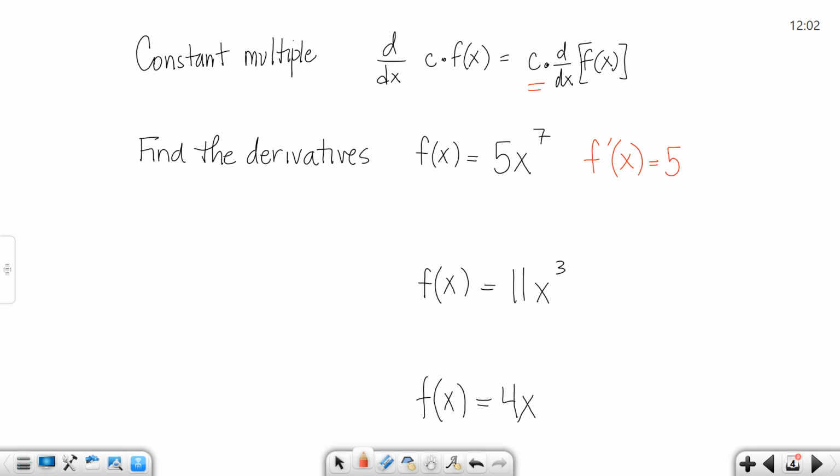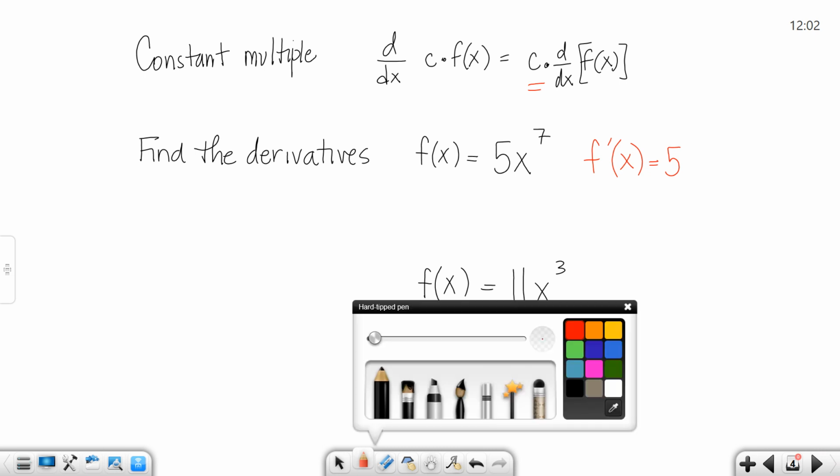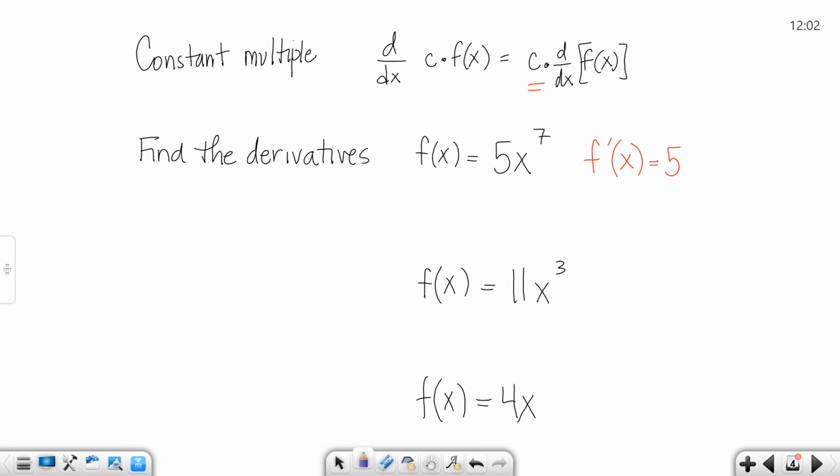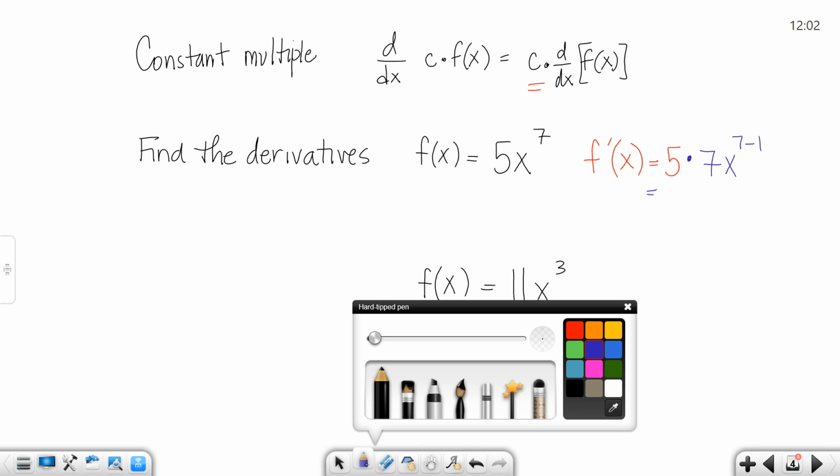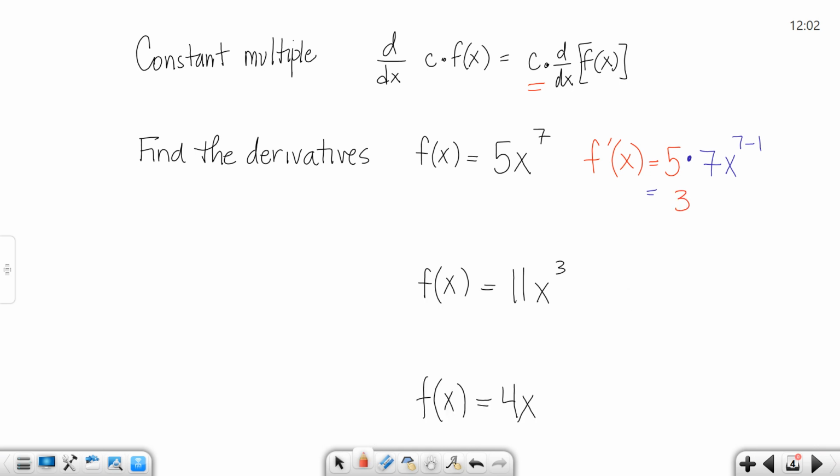Once you do that, you're going to take the derivative of the x to the 7th term. So to take the derivative of that term, you're going to bring down your 7, x to the 7 minus 1. Okay, cleaning that up, we would have 35 out in front, 5 times 7, x to the 6th. And that's how that one would look.